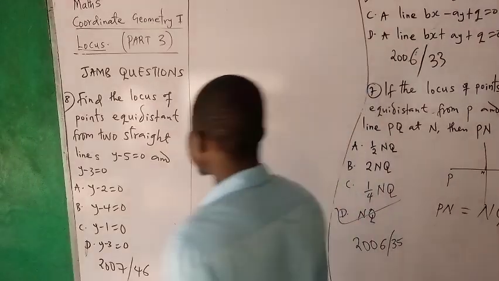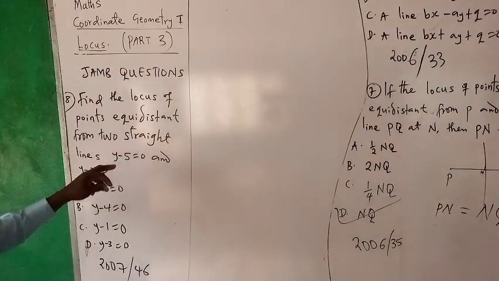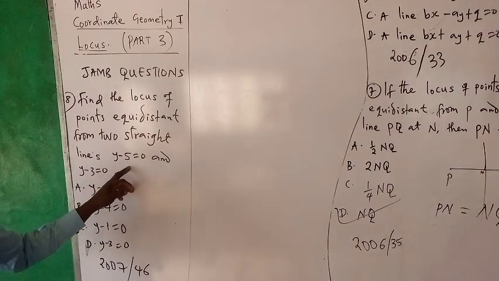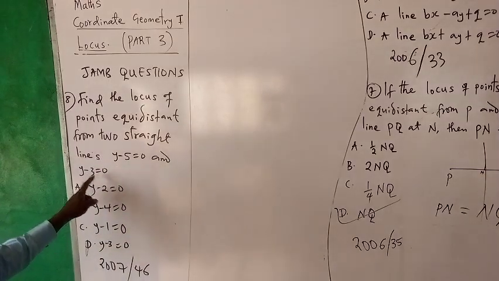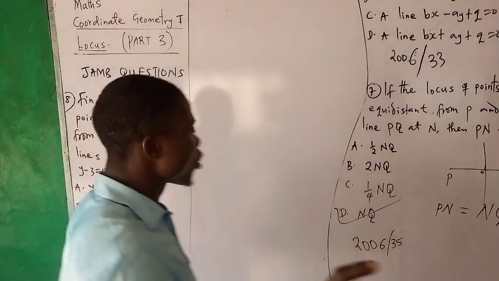Let's solve the last question. It says, find the locus of points equidistant from two straight lines y minus 5 equal to 0 and y minus 3 equal to 0. These are the options. Now, I told you something about the locus of a point between two straight lines.